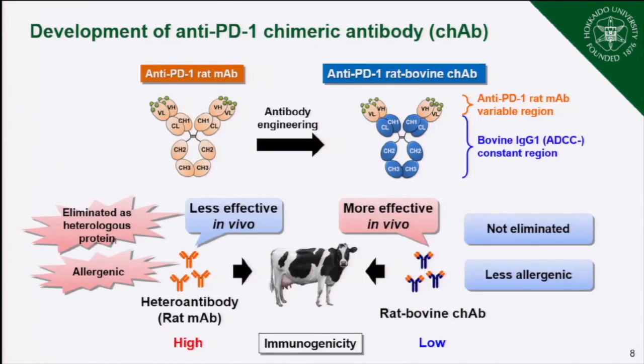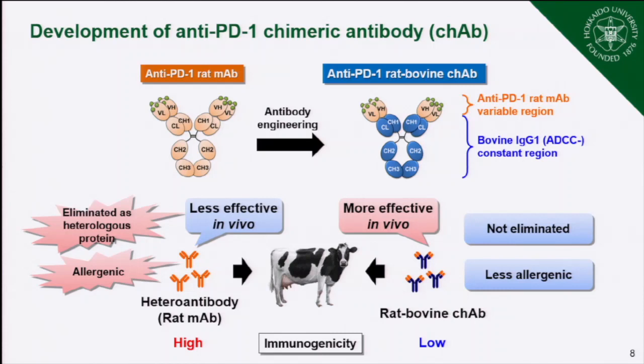So as Dr. Maekawa talked in his previous talk, we developed our specific monoclonal antibody in rat. Rat antibody is recognized as a heteroantibody in cattle and eliminated as a heterologous protein, and it's also highly immunogenic in the body.